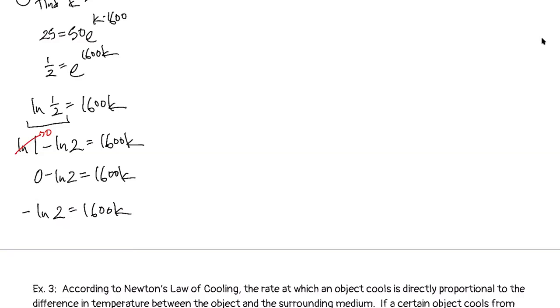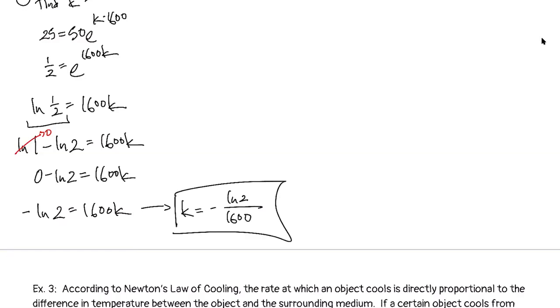My last step here to isolate my k is just divide by that 1600. So here is my k value. This k value tells me the relationship of how quickly this material grows or decays.